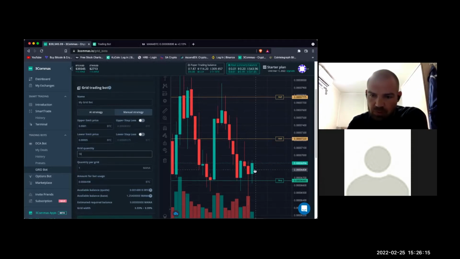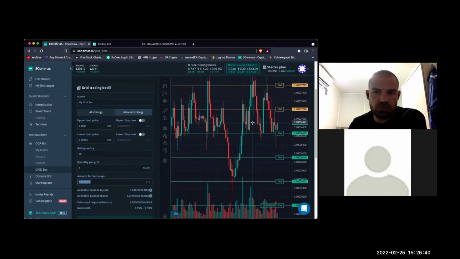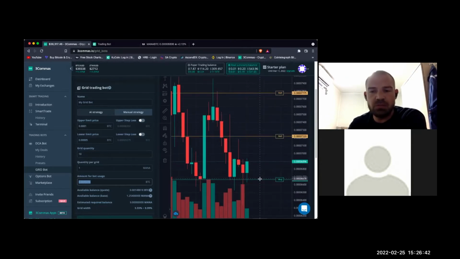When you start your bot and you invest 1 Bitcoin, automatically it will take 0.5 Bitcoin and buy the opposite. So it will take 0.5 and buy Mana, and the bot will start. If the price goes up immediately, it will start selling as the price goes up. If the price goes down, you still have your 0.5 Bitcoin to start buying as the price goes down.